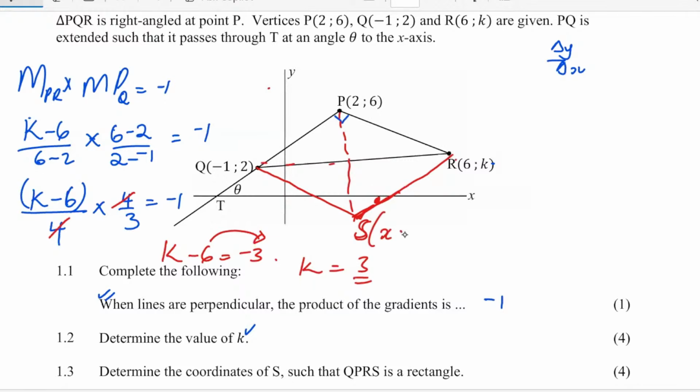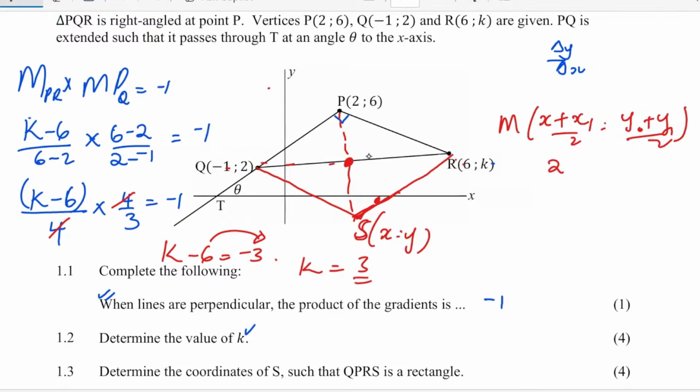If S is (x, y), the midpoint of QR should be the same as the midpoint of PS. So for 4 marks, let me start by getting the midpoint of PS. It's going to be (x plus x1) over 2, and (y plus y1) over 2.